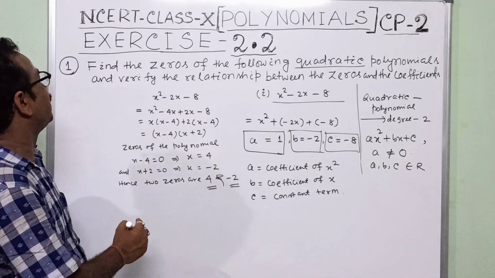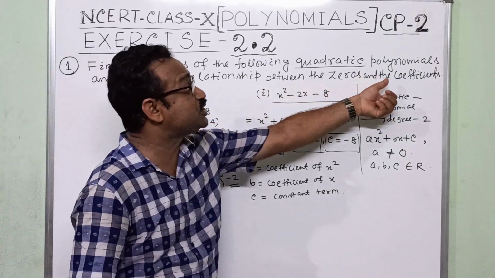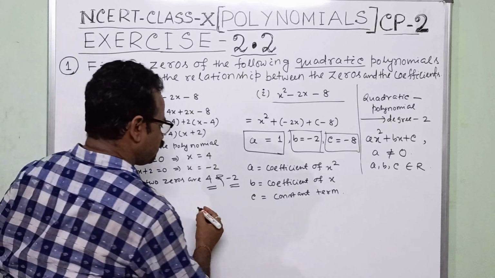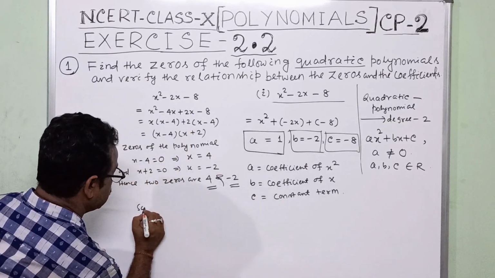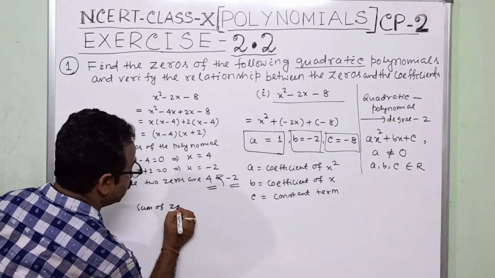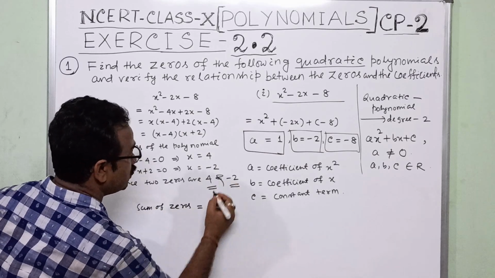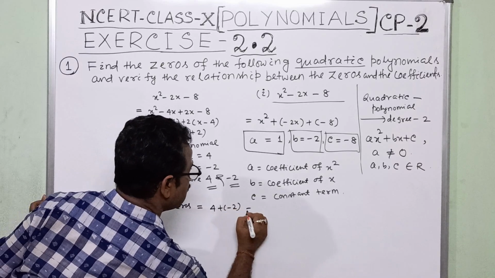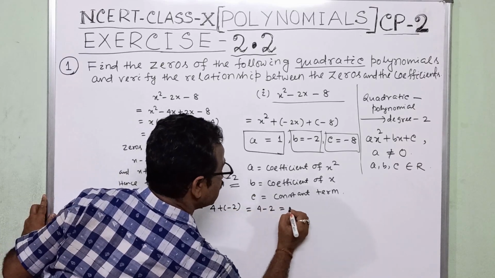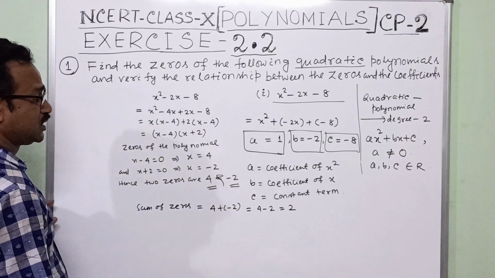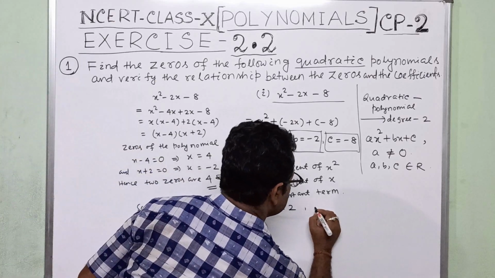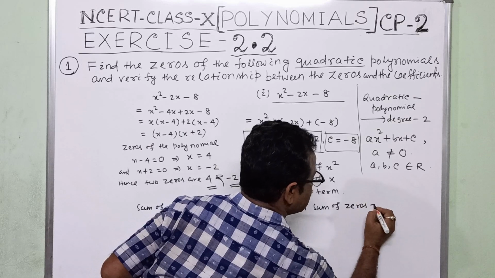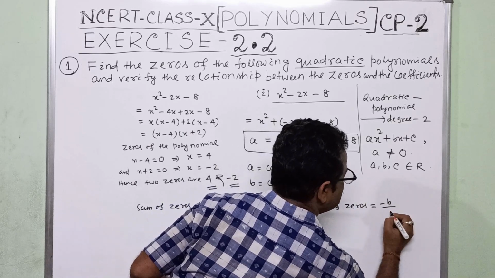Now we will verify the relationship between the zeros and coefficients. What to verify? Sum of zeros. Sum of zeros is equal to 4 plus minus 2, which is 4 minus 2, equal to 2. You know, sum of zeros is equal to minus b by a.